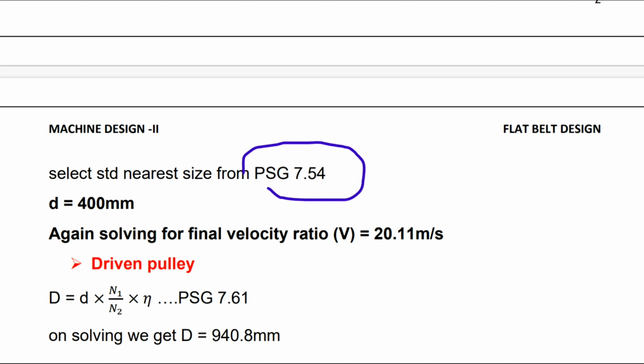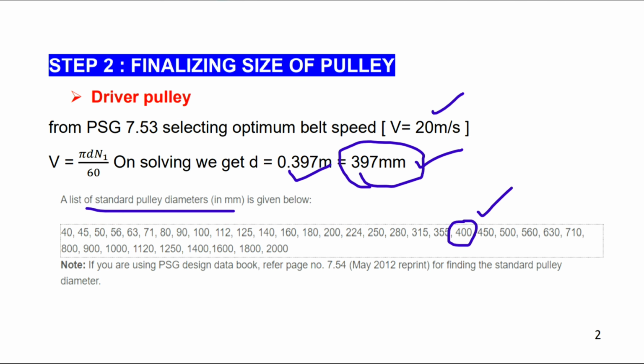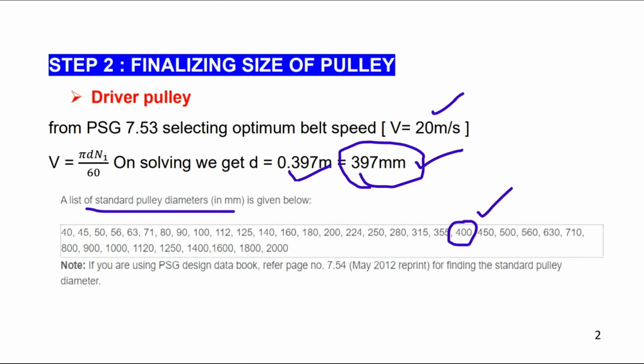Now we know the standard value. Again in the same formula, the belt speed V equal to 20 was only assumed, it is not the exact value. Now we know the diameter, so put D equal to 400 and N1 equal to 960, which is given in the question, and solve it again.